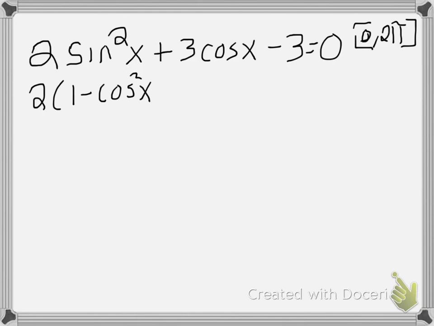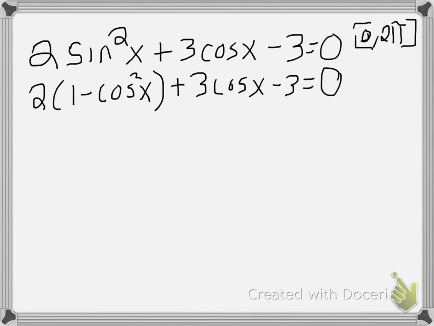If you're not quite sure how we get 1 minus cosine squared instead of 1 plus cosine squared, think about what I said. Sine squared plus cosine squared equals 1. If I want sine squared by itself, I have to subtract that cosine squared. Okay, so we have 3 cosine of x minus 3 equals 0.